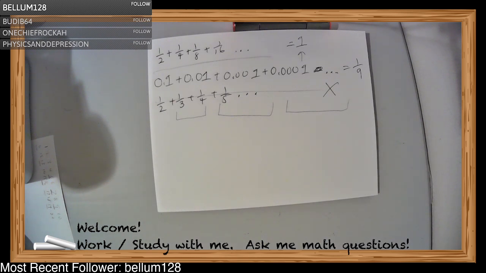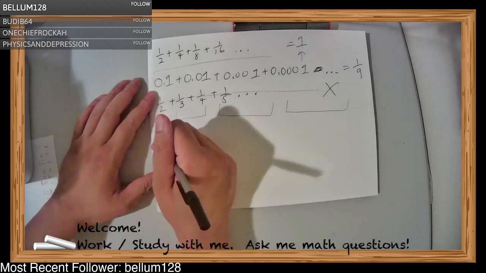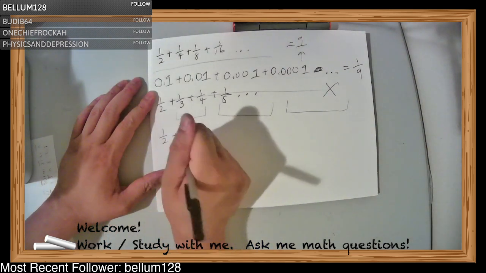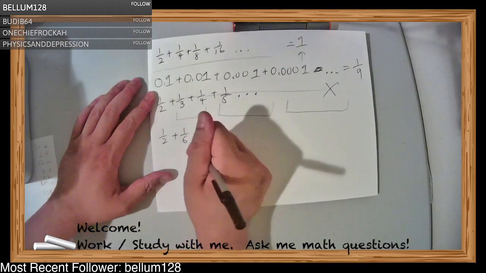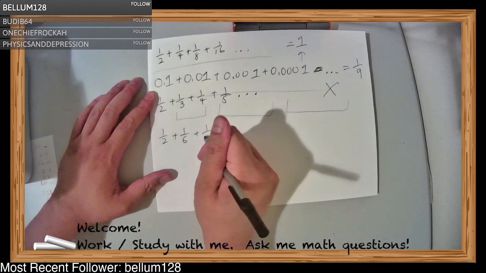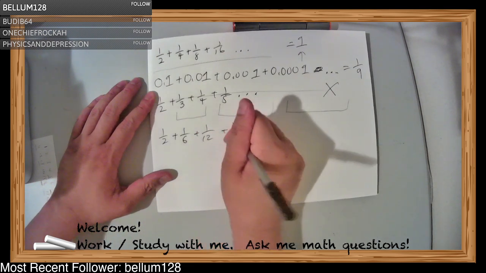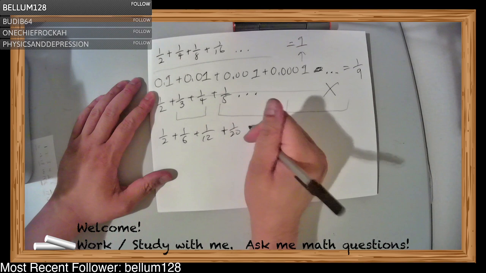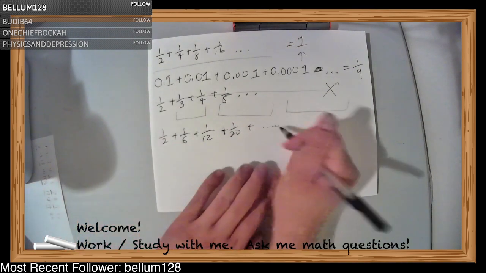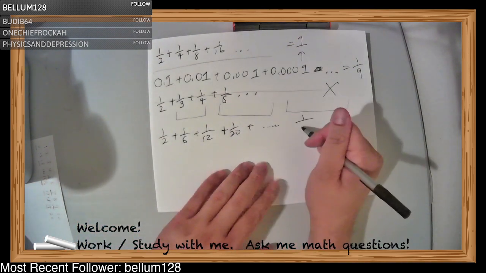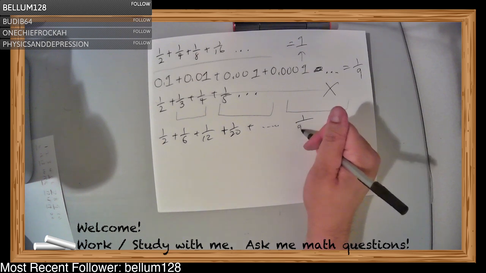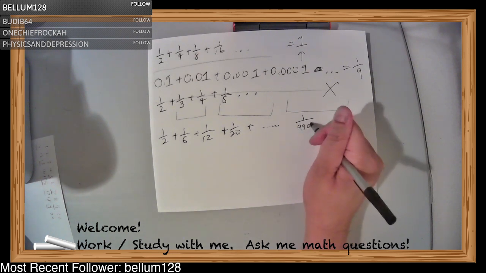Okay, there's one more infinite series I want to talk about. Actually, this one will be finite, probably. Yeah, let's just call it a finite series. All right, so 1 over 2 plus 1 over 6 plus 1 over 12 plus 1 over 20 plus dot dot dot to 1 over, let's say, 9900.